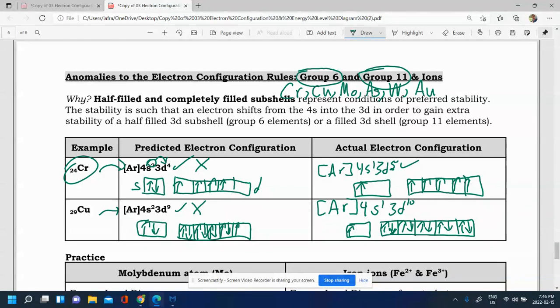So why is this the case? Why is it that the chromium and the copper have these unexpected electron configurations based on the way we were told to follow the rules to build the configurations? Well, the reason has to do with stability as usual.